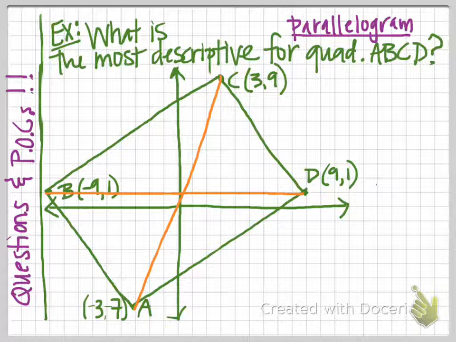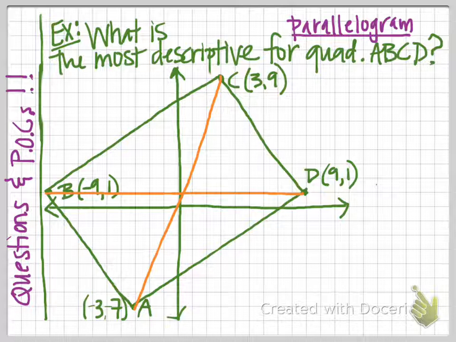So I kind of sketched them in. For them to be perpendicular bisectors, they would need to intersect each other at each other's midpoints. So I'm going to first try to find the midpoint of BD. Well, if I look at their y values, they have the same y value, B and D, which means that diagonal is completely horizontal.